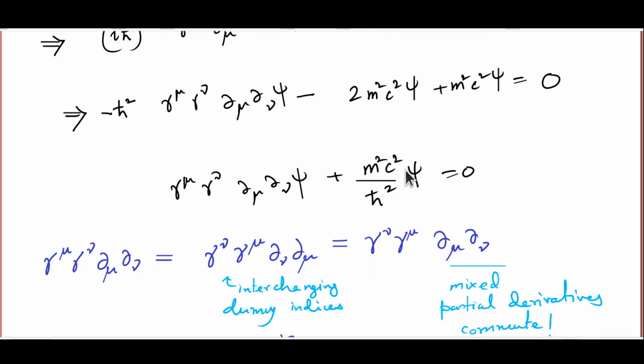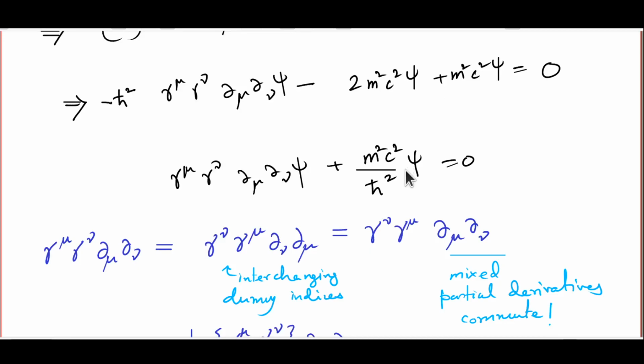That is, call what you were calling mu earlier nu and what you were calling nu earlier mu. So this becomes gamma nu gamma mu del nu del mu. But note that the partial derivatives commute. So you can write del nu del mu as del mu del nu. So overall you end up with two different expressions which are equal. Gamma mu gamma nu del mu del nu is the same as gamma nu gamma mu del mu del nu.